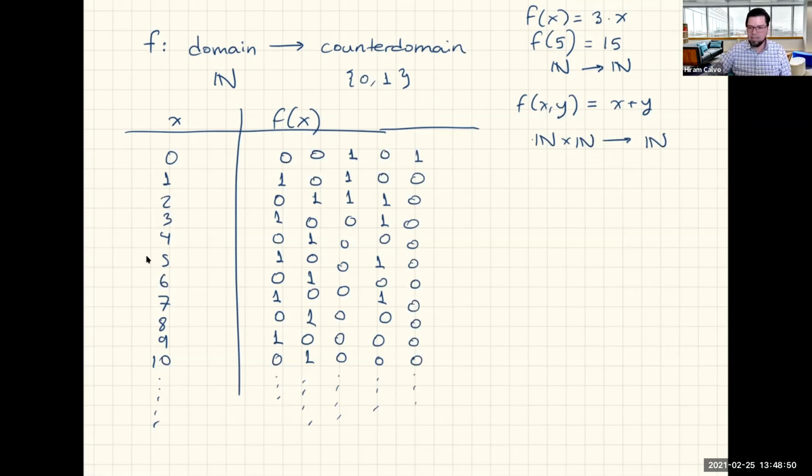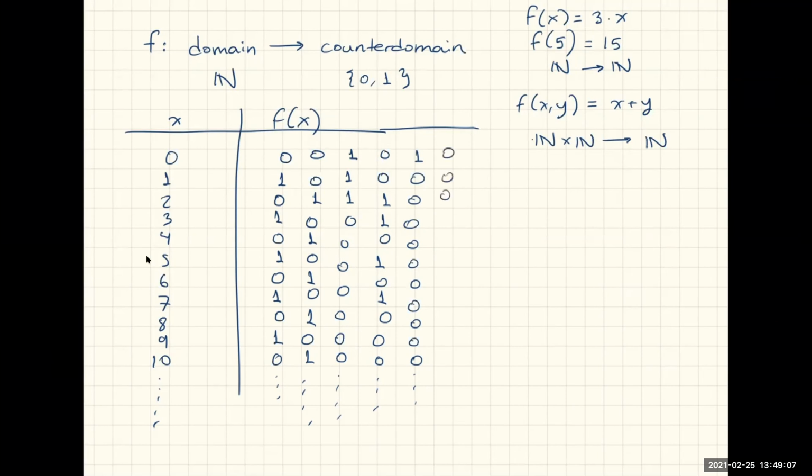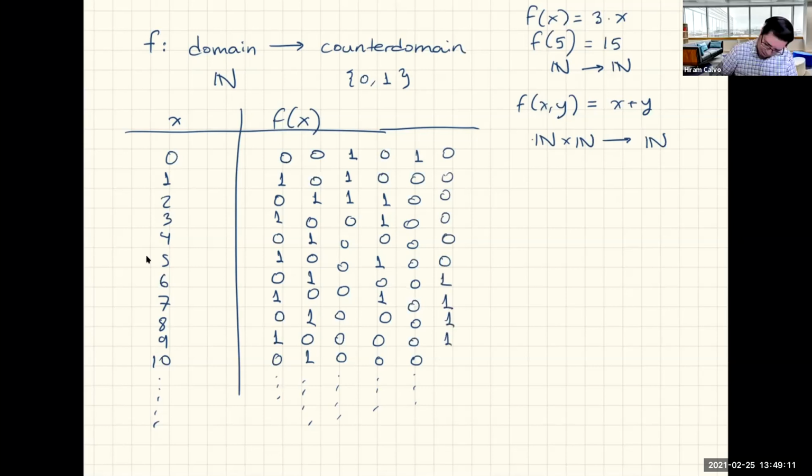We are just inventing arbitrary functions for the sake of having fun. If the value is greater than 5, we can make the value 1. Okay, very good.